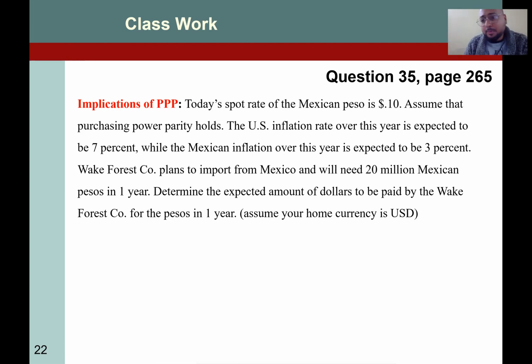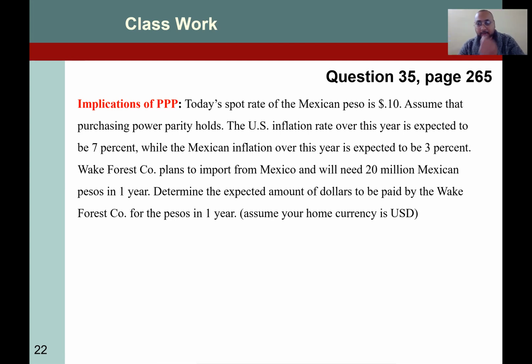Purchasing power parity says that whatever we buy, whether from a foreign country or in the home country, the prices are relatively the same. Why? Because the exchange rate adjusts itself and corrects the imbalance, right?